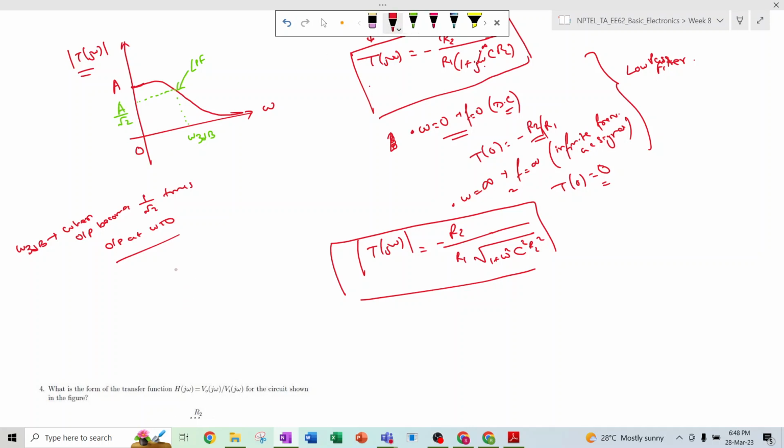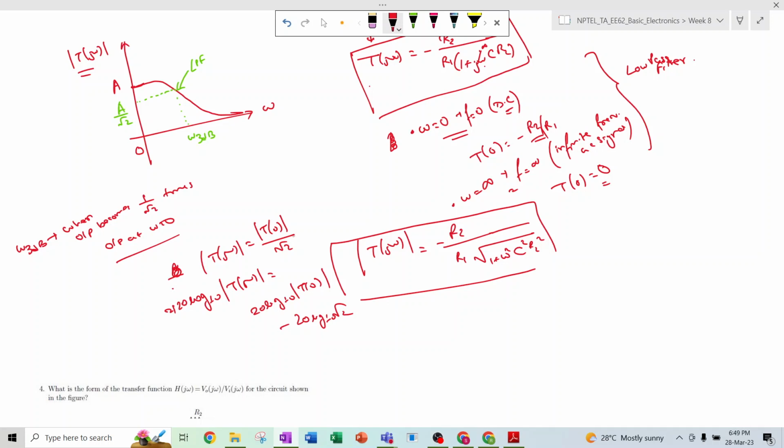See, A by root 2: this transfer function, mod T of j omega, becomes mod of T0 divided by root 2, or you can say 20 log 10 of mod T of j omega is equal to 20 log 10 of mod T0 minus 20 log 10 of root 2, right?